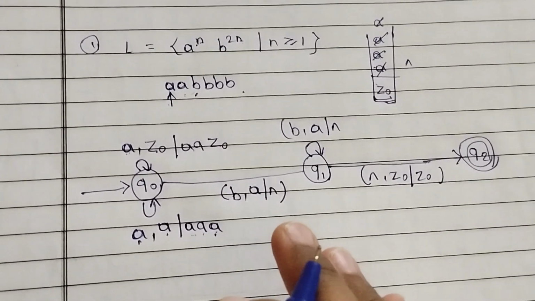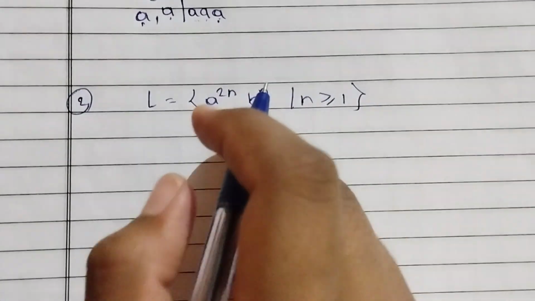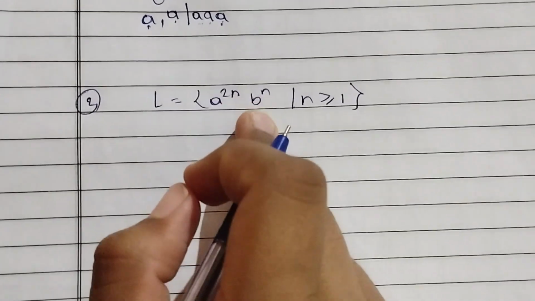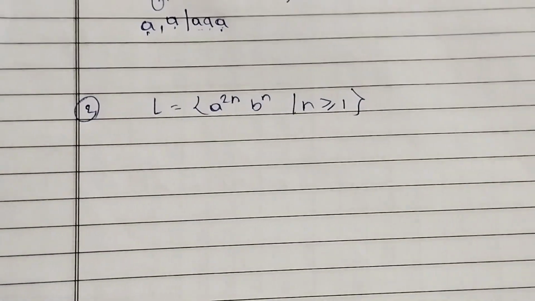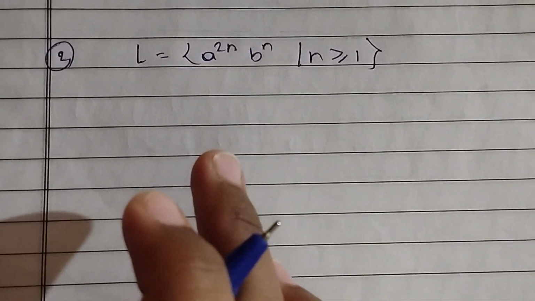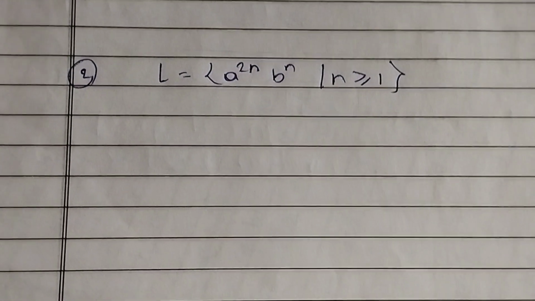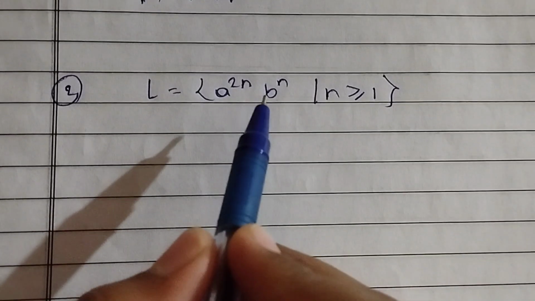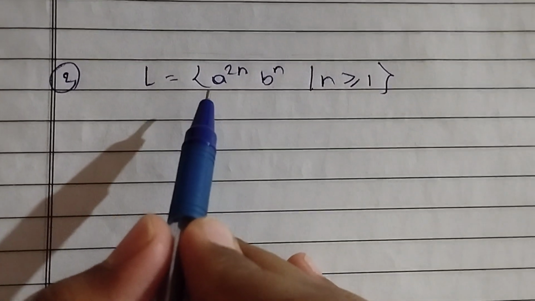Now we see the second equation. This is the second language. Here the difference is a raised to 2n and b raised to n. For that also the logic is, in the previous example when the language was a raised to n and b raised to 2n, when we read one a we pushed 2 a's.